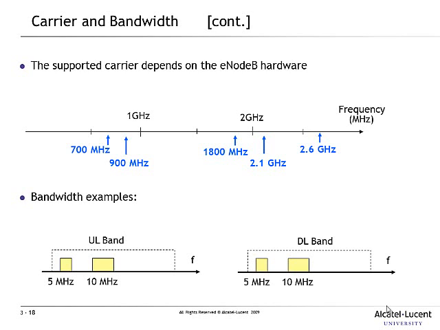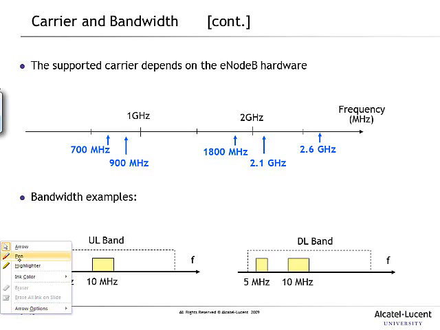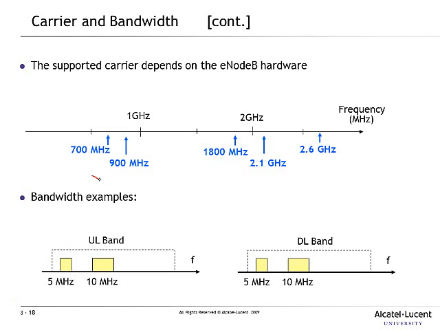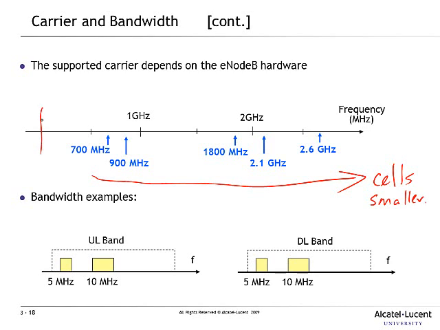Now, one thing you'll know from your knowledge is that as you go to higher and higher frequencies, path loss starts to increase. So that means your cells become smaller. That's why a lot of operators are trying to get a band of frequencies which were previously used for TV transmission.